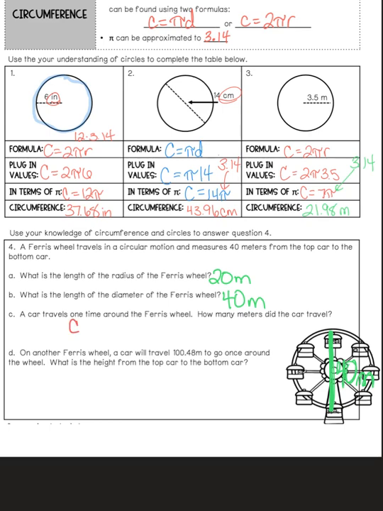I can use C equals pi times diameter because I already have the diameter. So C equals 3.14 times 40, and I'm going to get 125.6 meters. That's how far they'll travel going around.